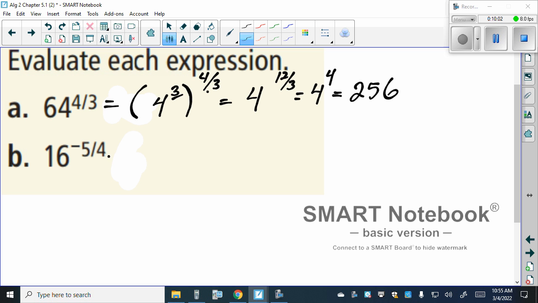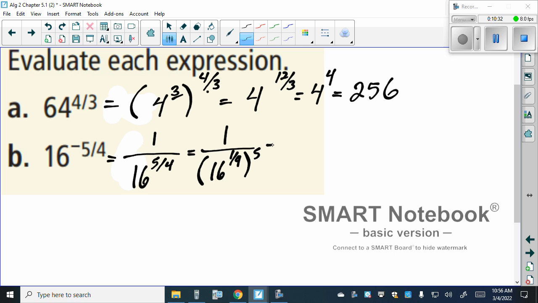Now, if we look at this next one here, we do have the negative 5/4. So what can we do first? Make it into the denominator. So we have 1 over 16 to the 5/4. And what can we do next? 16 to the 1/4 to the 5th.